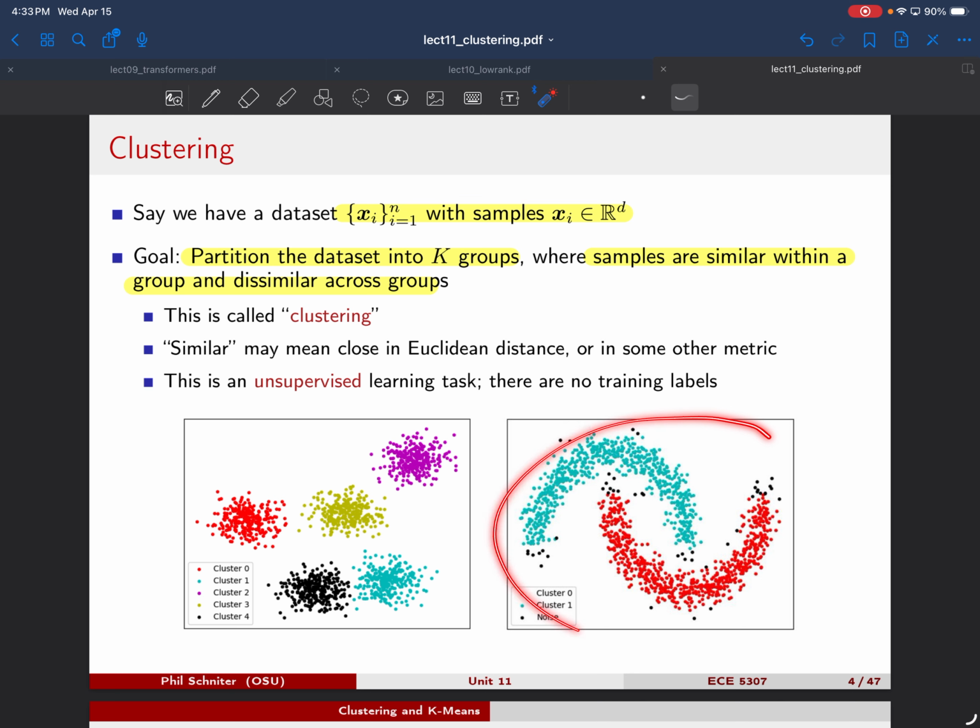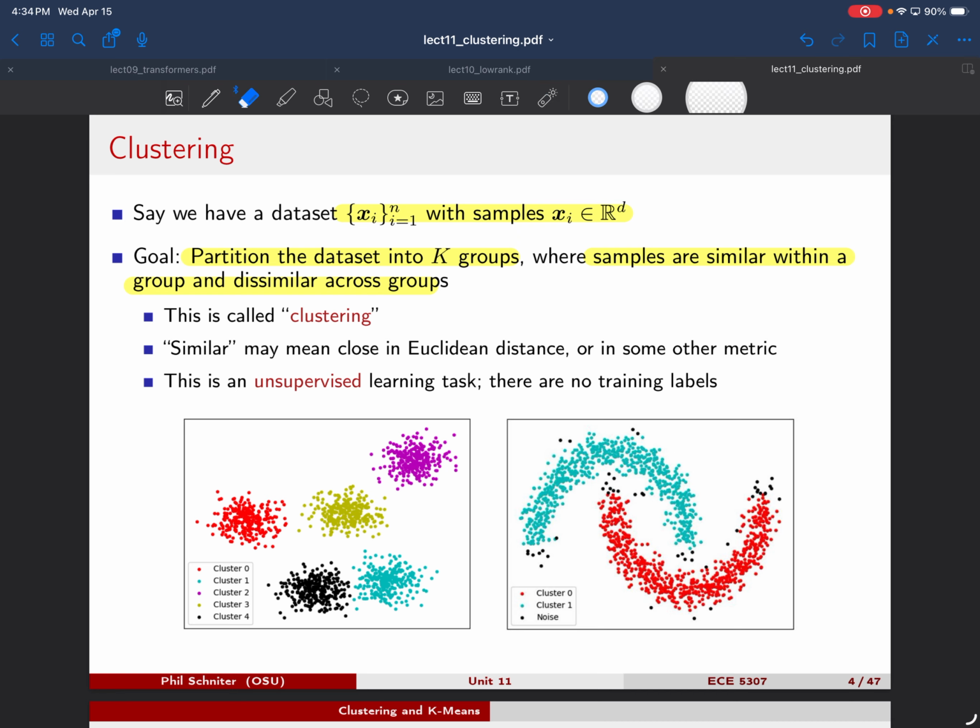Here's a more challenging one, called the Two Moons data set. Euclidean distance is not really enough, because these points are farther apart in Euclidean distance than these points. But we want all of these to be in one cluster and these in another cluster.